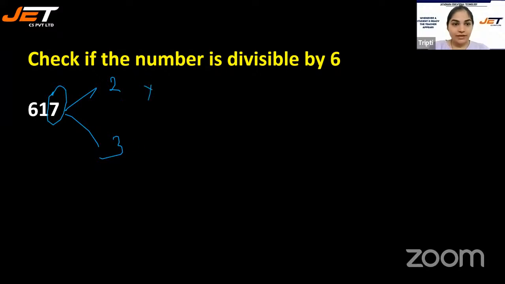So that means the entire number is not divisible by 6. Because we need to check for both. Yeah. Next. Let's do it quickly. 7 is not divisible by 2 again. So this is not divisible by 6.